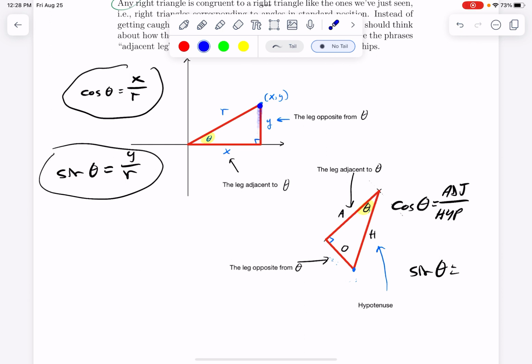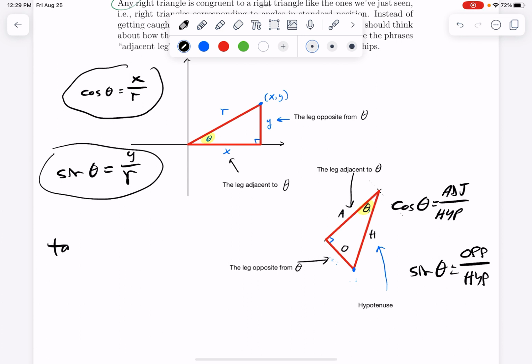Go as far away as possible. How long is that leg? So over here, here's theta. This is the leg opposite from it. I labeled it here just as O for opposite. I'll write OPP here so it's a little bit clearer. The denominator in sine of theta is r. R is just the hypotenuse of that triangle.